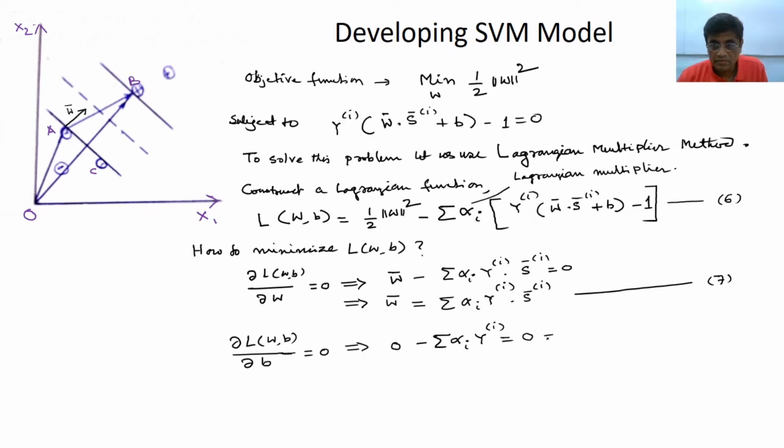So this is also interesting. So summation of alpha sub I y sub I equals 0. Okay. So far so good.